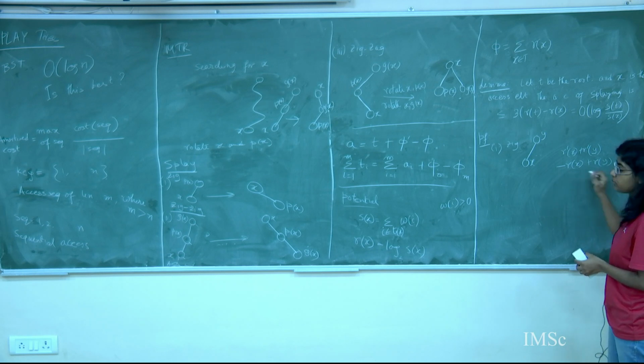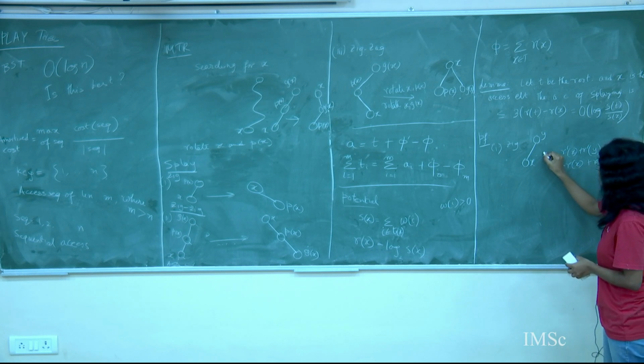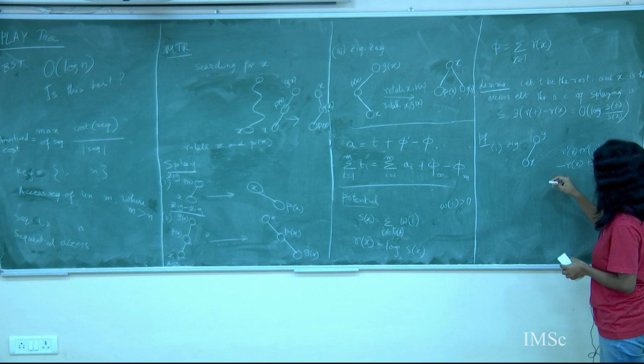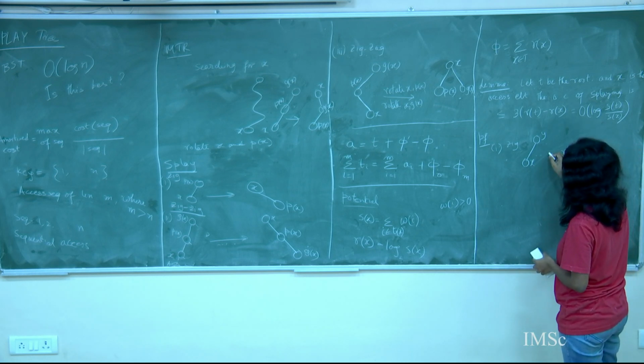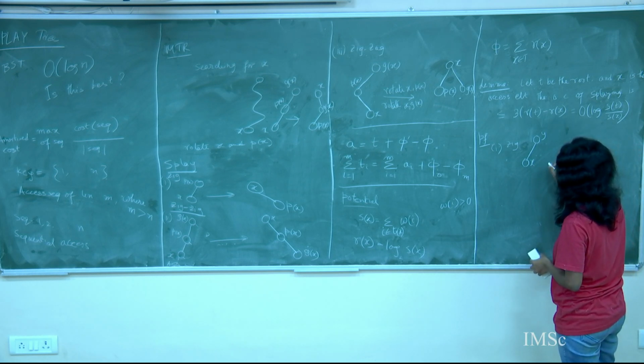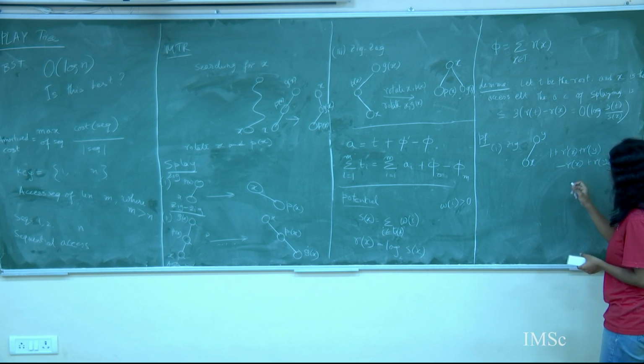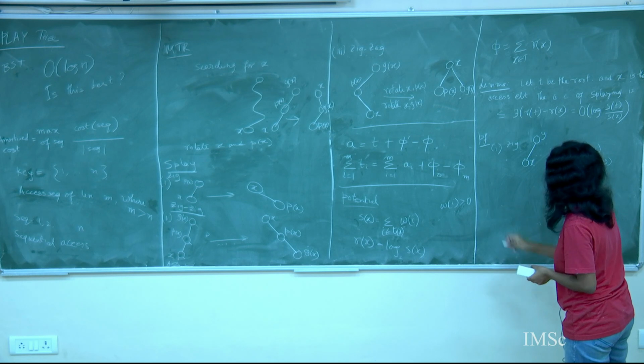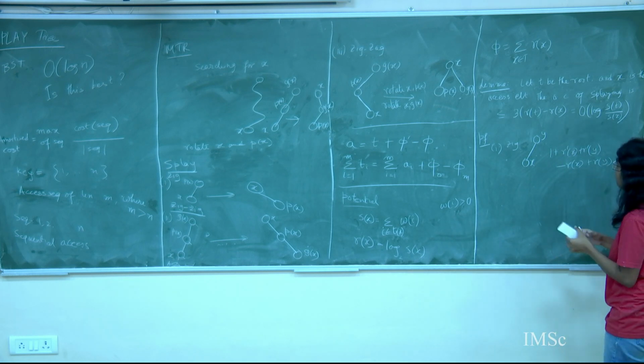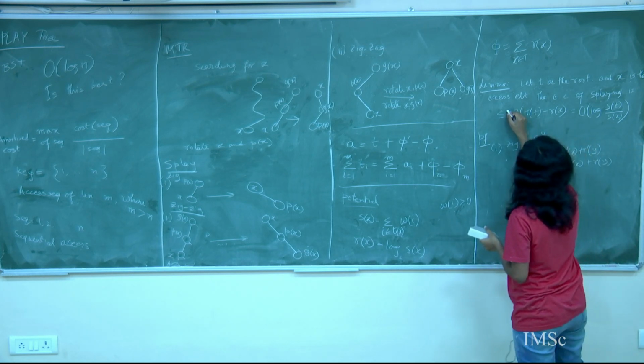plus r of y. This is the change in potential, and there will be the access cost of 1.